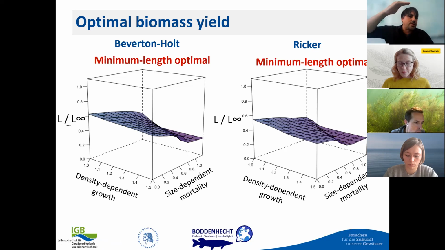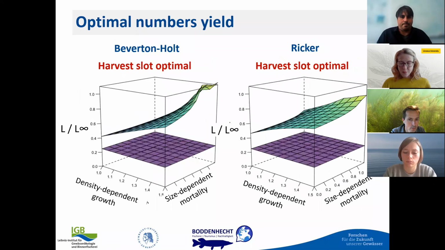You can even go down with the size limit, the more the compensatory potential of a stock is, meaning the higher the density dependence in growth response is, and the higher the size-dependent mortality, the more resilient the stock is, so you can fish them harder, meaning at smaller length when they enter the fishery. But this really shows the classical finding in the textbooks. If you are only interested in biomass yield, use a minimum length limit.